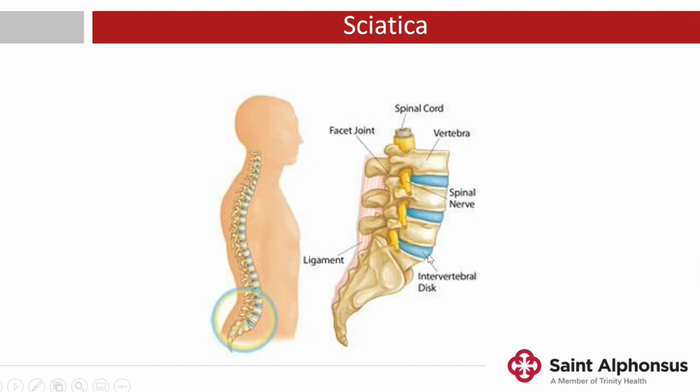Things like a herniated or bulging disc, or arthritis in the joints in the posterior portion of the spine called facet joints, can lead to compression of those nerve roots and irritation of them. This is manifested as pain that shoots usually all the way down the leg and can have a sharp but also burning or tingling sensation associated with it.